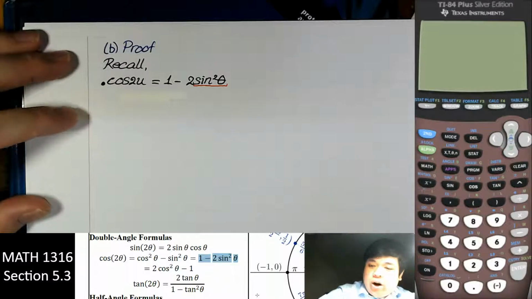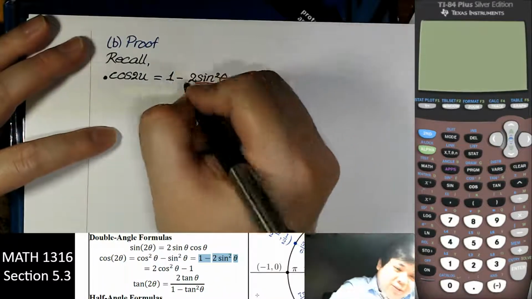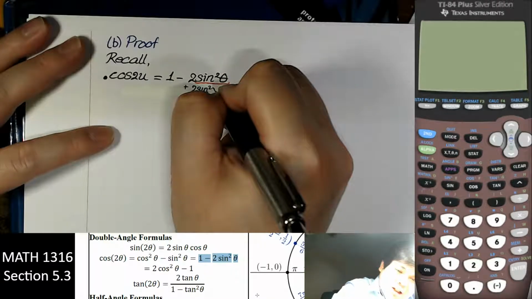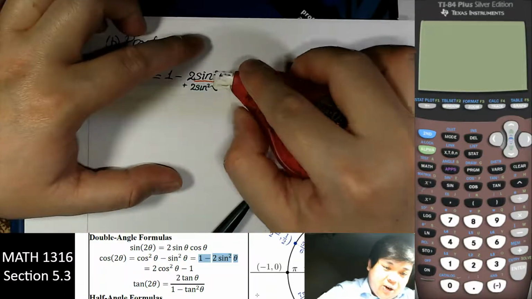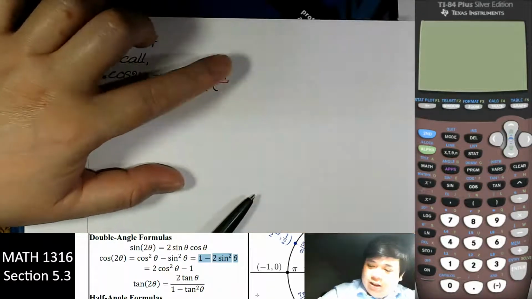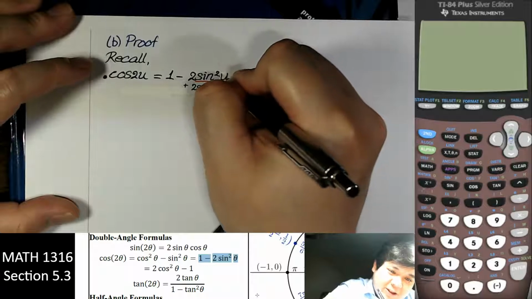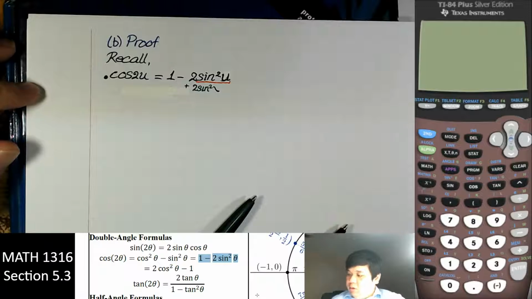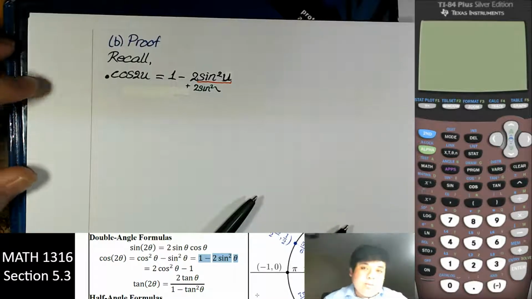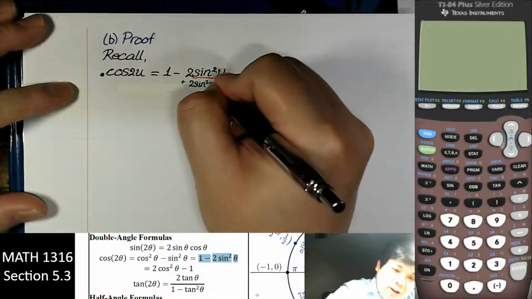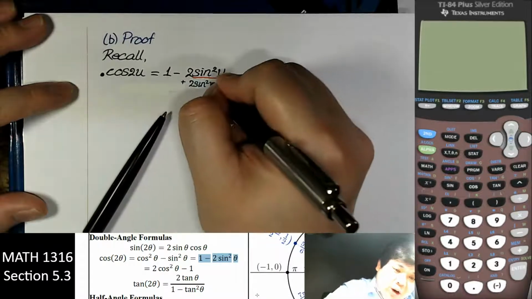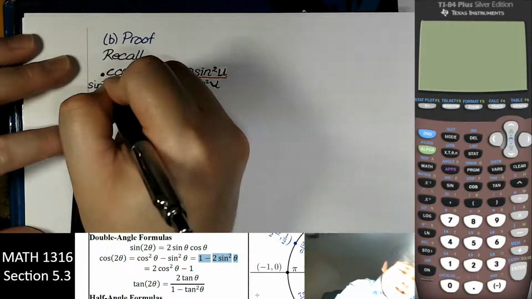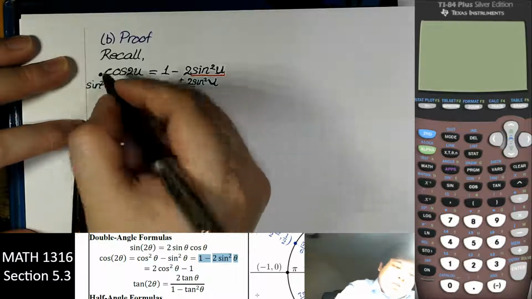So better yet, okay, I'm going to add 2 sine square on both sides. We make sure that the angles are the same. Right. Add sine square on both sides. And then subtract the cosine 2u.